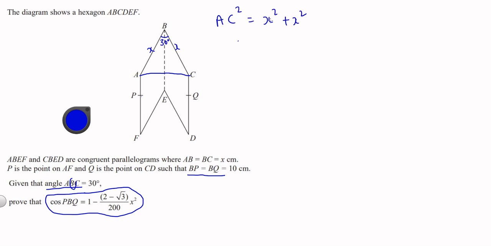AC squared is equal to x squared plus x squared minus 2 times the two arms, these two arms I'm talking about. 2 times x times x, which is x squared, times cosine, well, this is 30, isn't it? For this triangle here, that's cos 30.